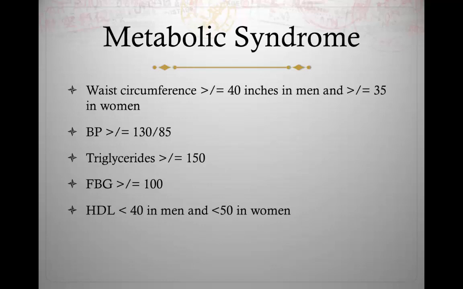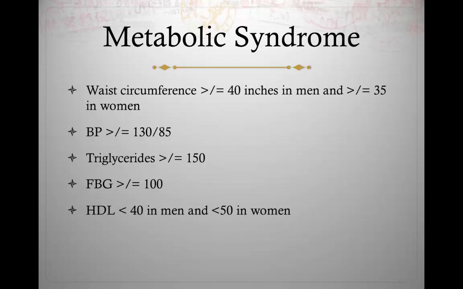The criteria for metabolic syndrome are projected in your slide. It says waist circumference, again, greater or equal to 40 inches in men and more than 35 in women, and this central obesity is mainly related to the abdomen.